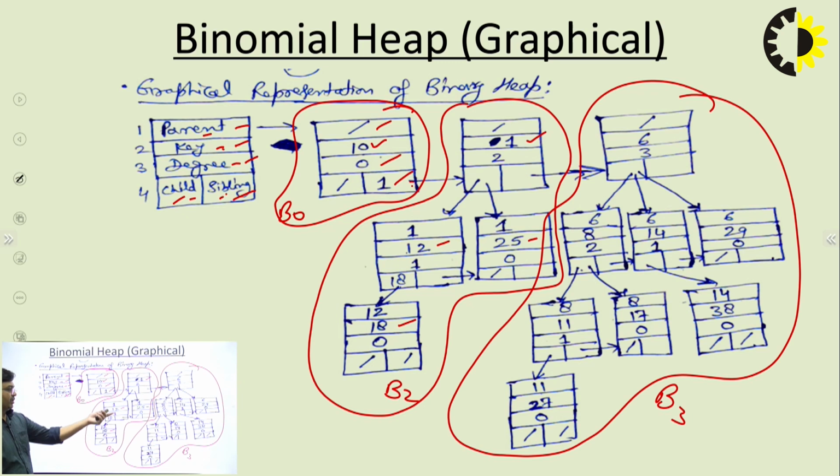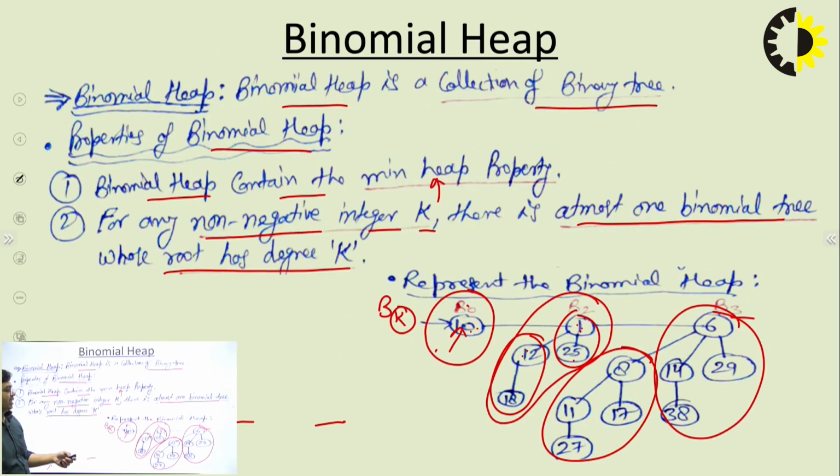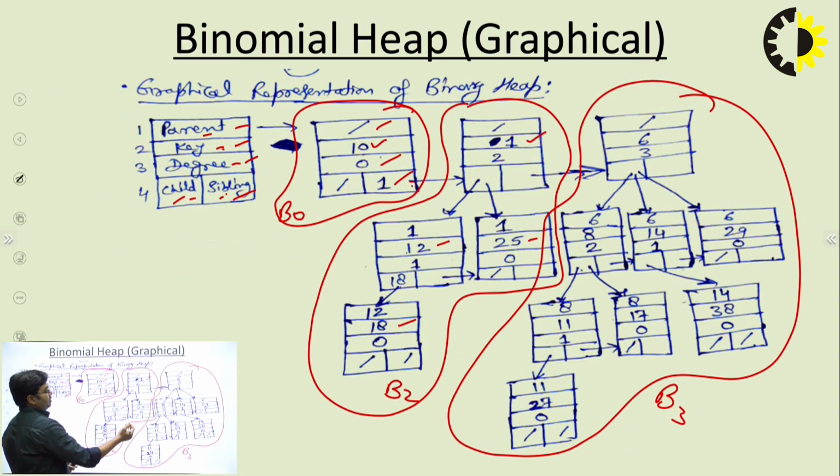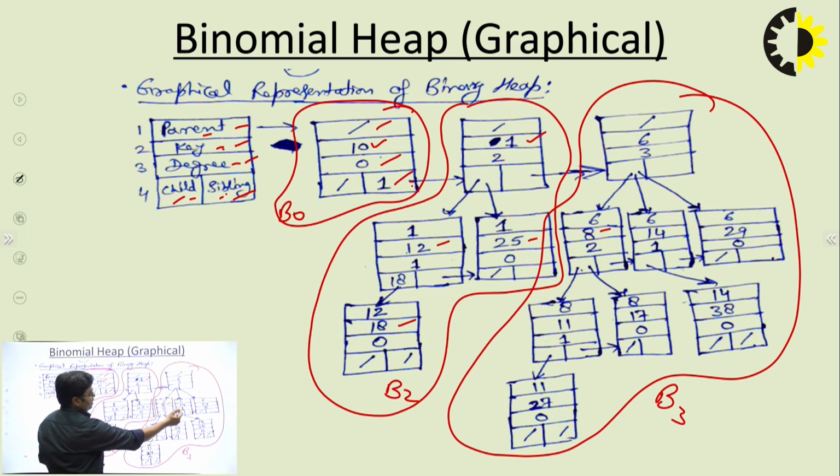Similarly, we can explore this again. If we have key value 6, we have 3 nodes as children: 8, 14, 29, whose parent is 6.